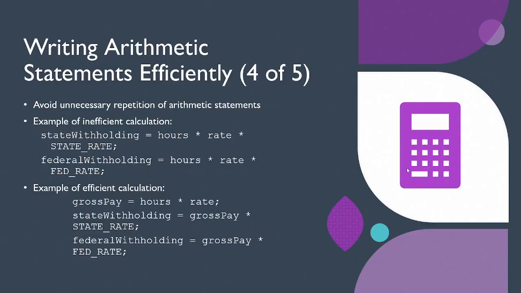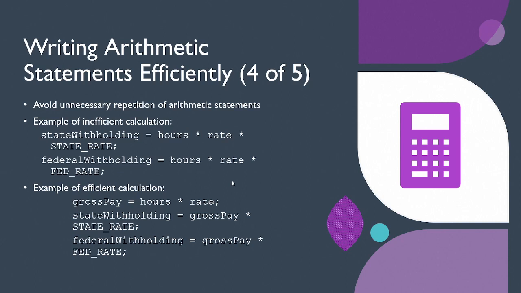An important thing to note when you're coding is making sure that your arithmetic statements are not happening inefficiently. So in this case, we have a state withholding and a federal withholding, right? But we can actually do it better by doing gross pay as a separate value, where hours times rate is set up as its own variable.